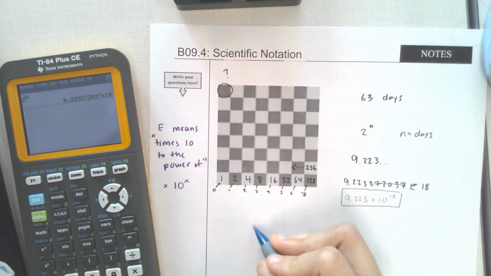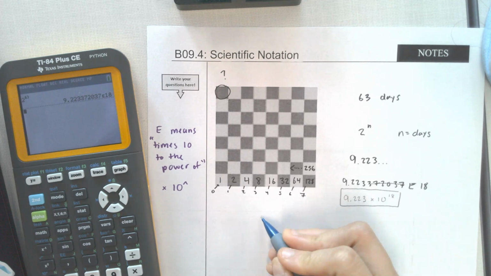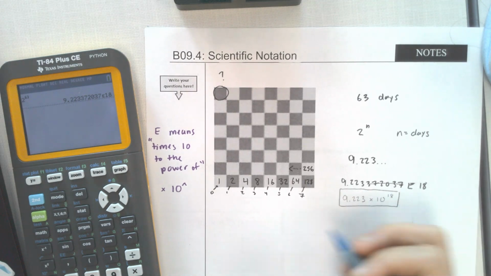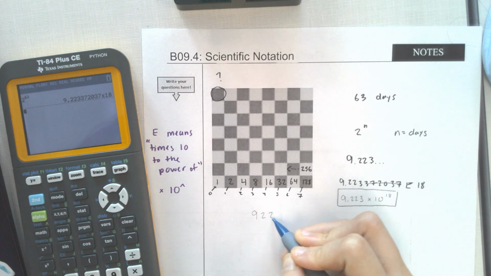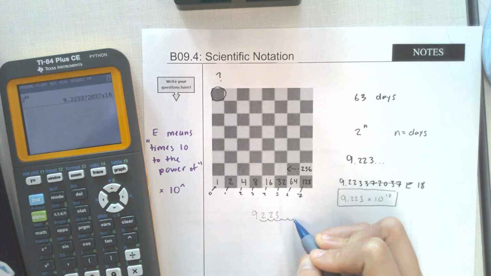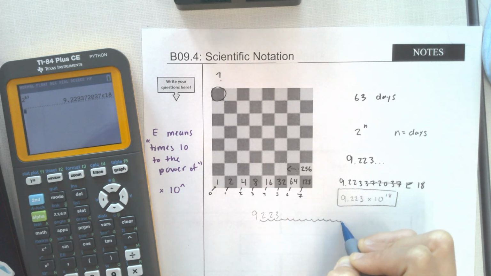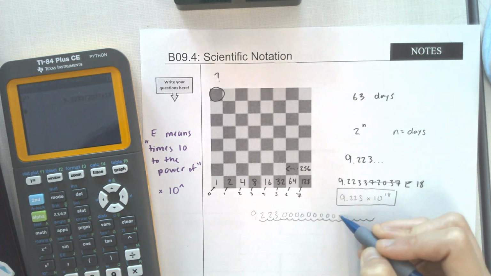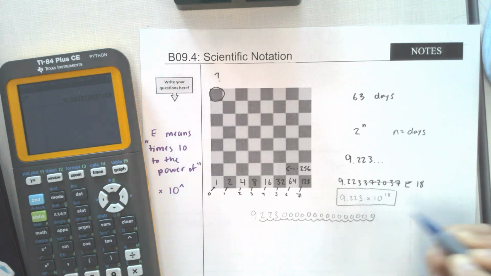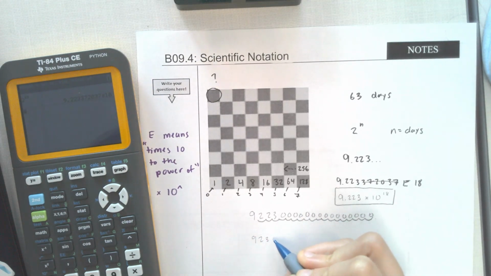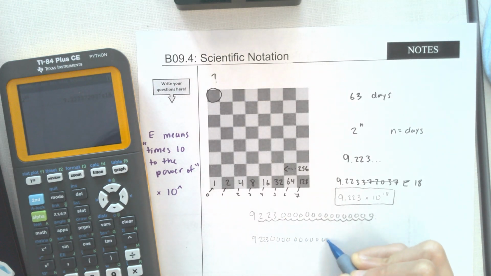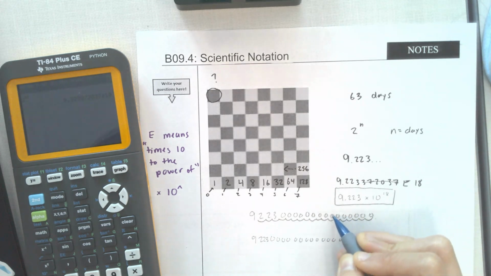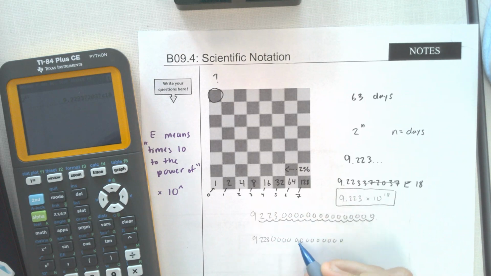Let's see how big that number is. We're going to move the decimal point over to the right 18 places. 9, 2, 2, 3, and then 1, 2, 3, 4, 5, 6, 7, 8, 9, 10, 11, 12, 13, 14, 15, 16, 17, 18. This is a lot.